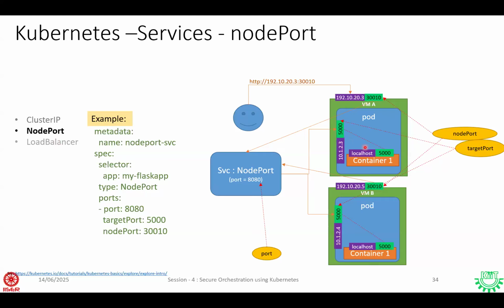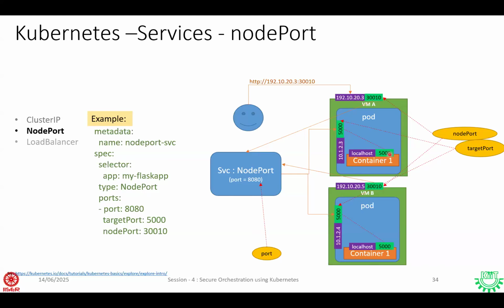If you have two VMs, each will have its own IP, and you can directly send the request to that IP, and your kube-proxy will be responsible for serving this request. As a user, you use the IP address and then the port number. Your virtual machine will forward that to the node port and the IP address of that pod, and over here it will map to the port number of the container.